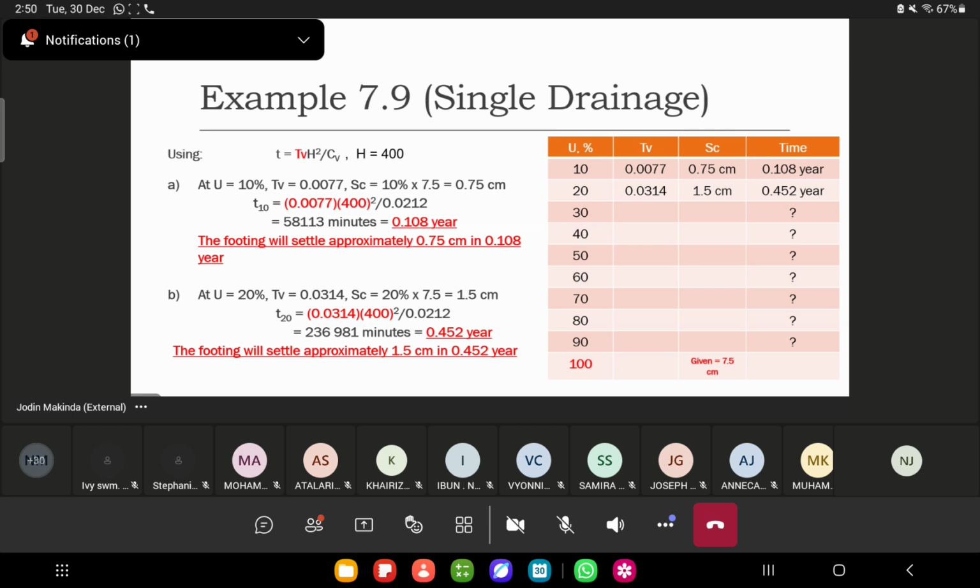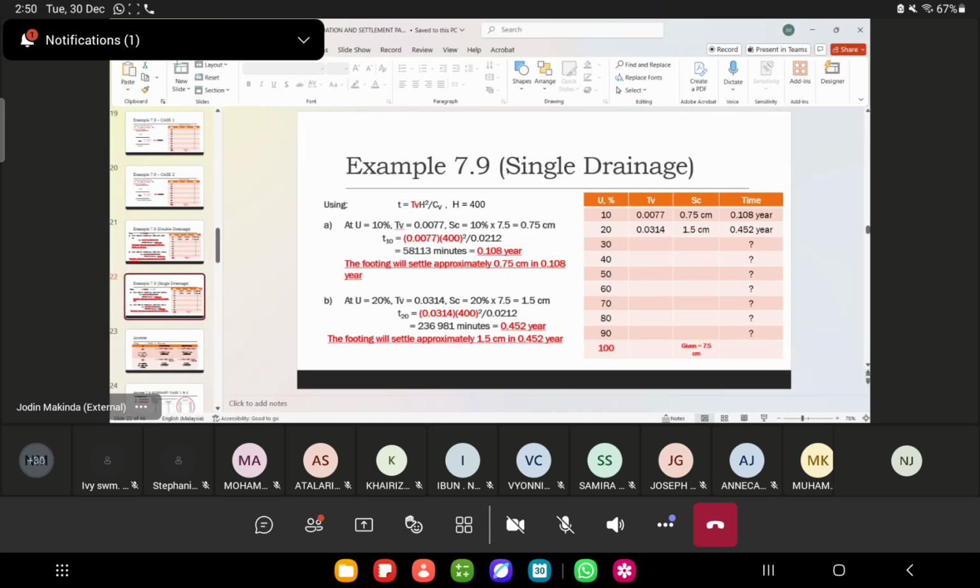Anyone know why for single drainage H is 400 cm and for double drainage H is 200 cm?